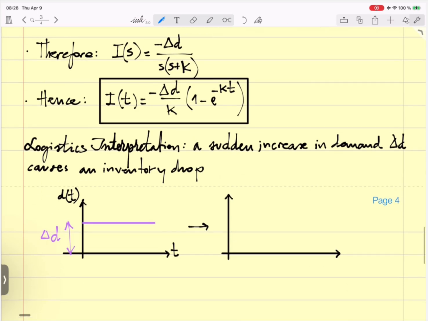So if this is I of t, our initial condition for t equals 0 is 0, from the initial condition, whatever the inventory is, and for t infinite it is going to be minus delta D divided by K, so inventory is going to drop by this amount.